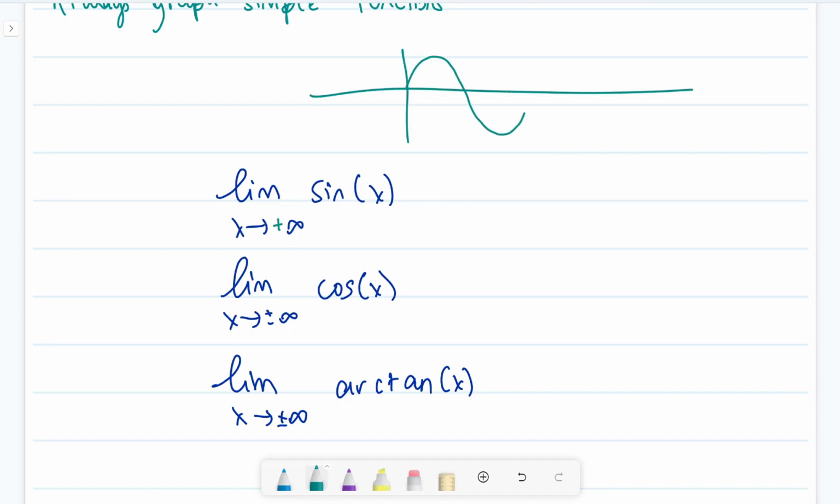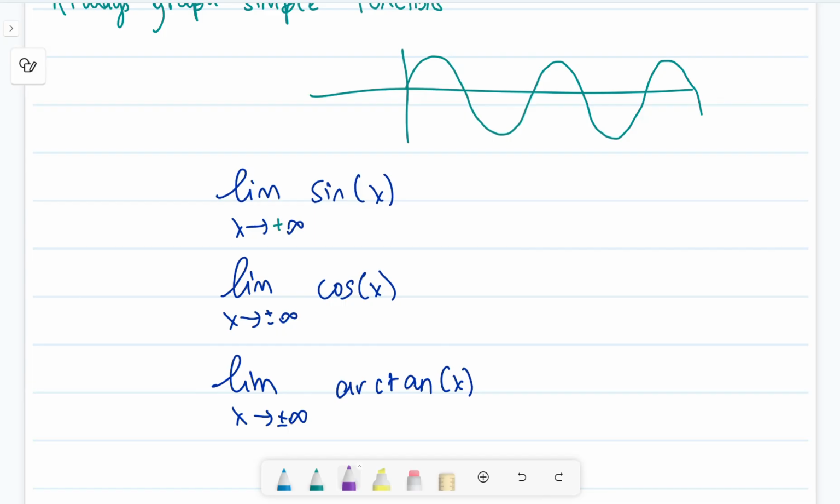Since we know the graph of sine of x, why not draw it? As you might notice, it keeps on alternating between 1 and negative 1. It never stops alternating. Because of that, as x approaches infinity, there are different values, so the right and the left limit will not be equal.